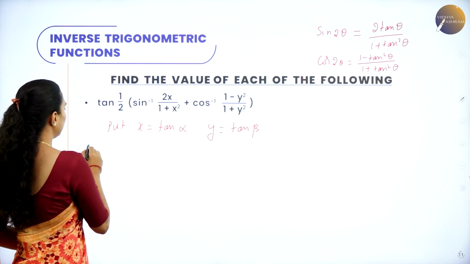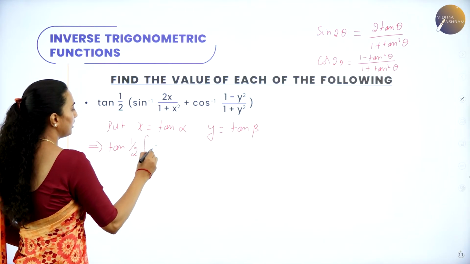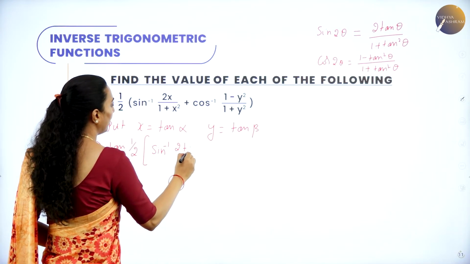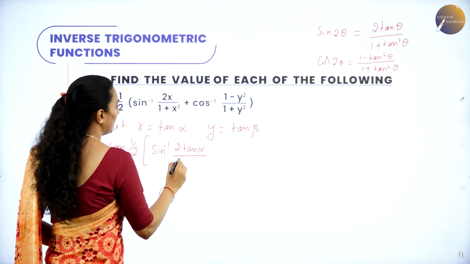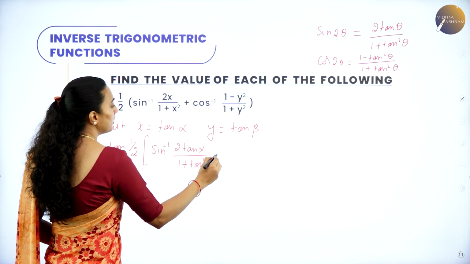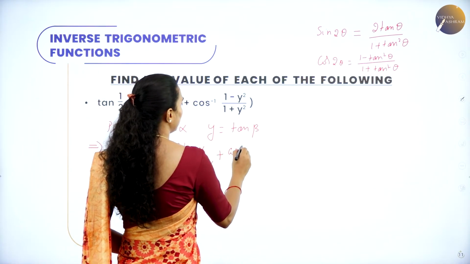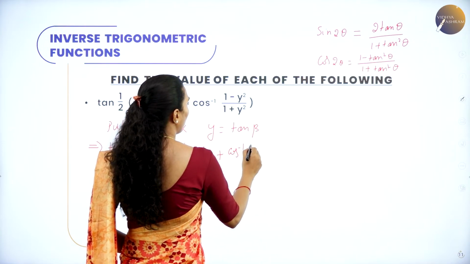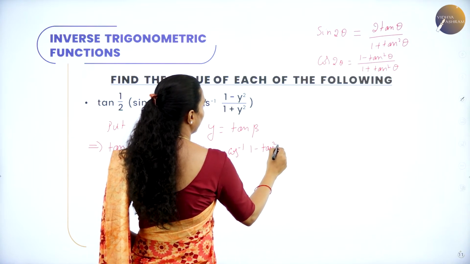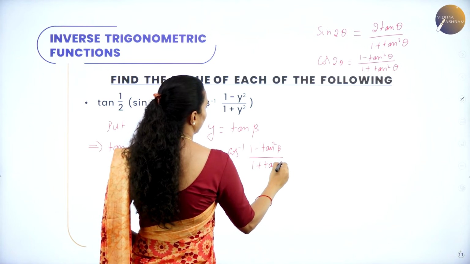So, here I am going to take it as, which implies, tan of 1 by 2 into sine inverse of 2 tan alpha divided by 1 plus tan squared alpha, plus, again y is tan beta, cos inverse of 1 minus tan squared beta divided by 1 plus tan squared beta.